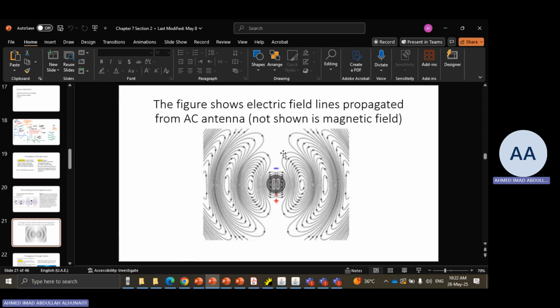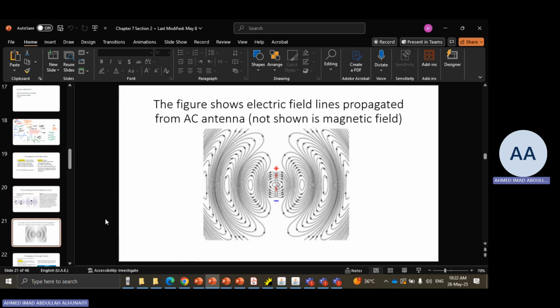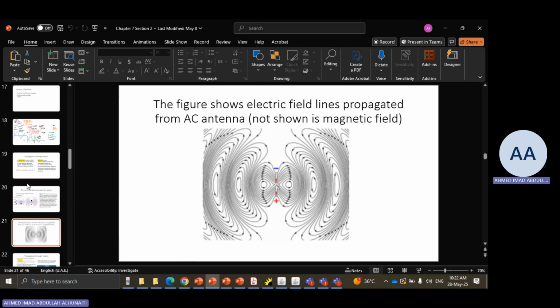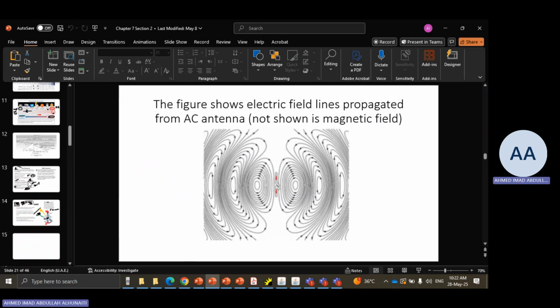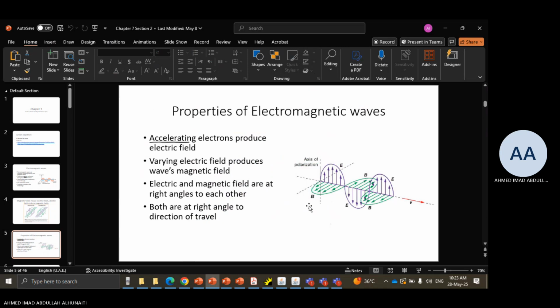Here's the electric field oscillating up and down. Perpendicular to it, we will have an induced magnetic field.